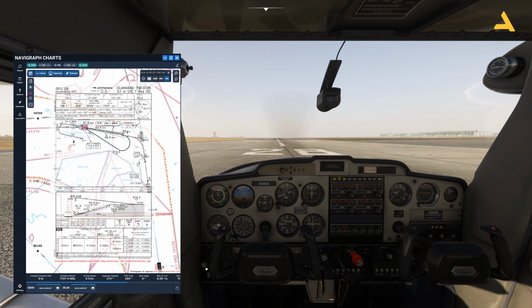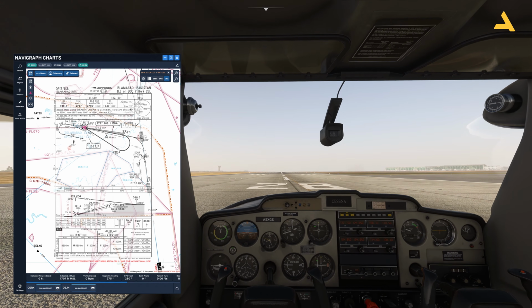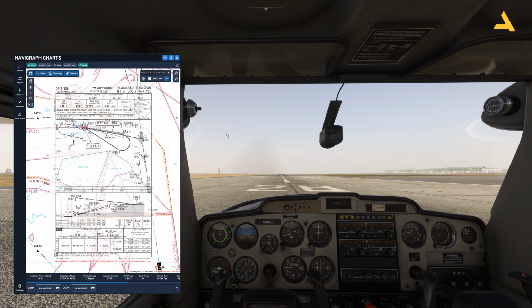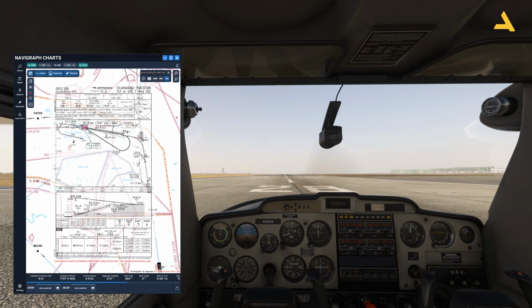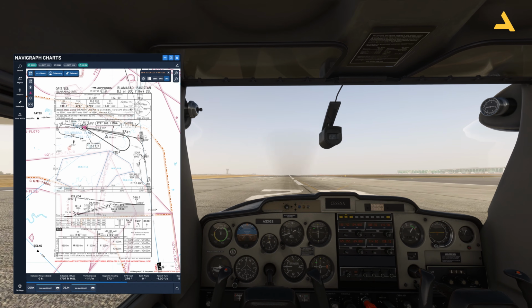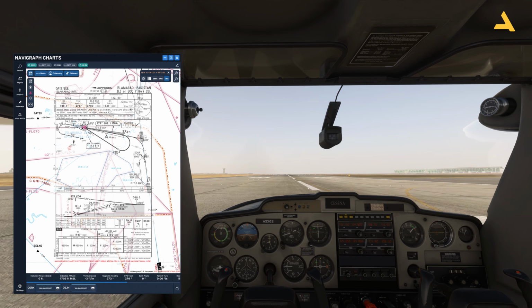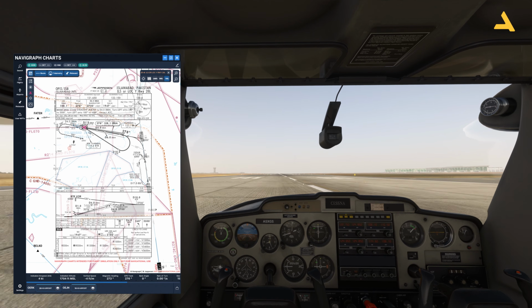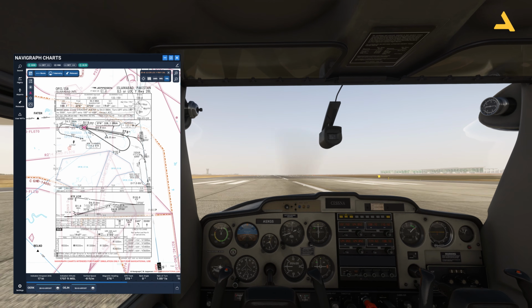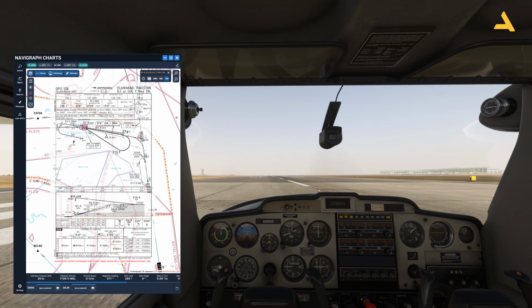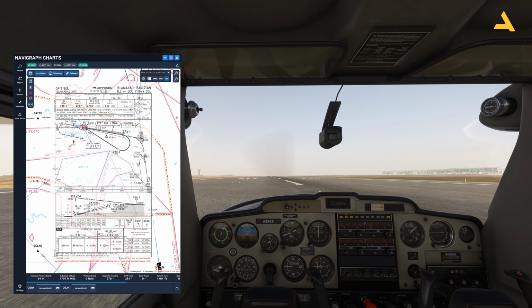So let's release the parking brakes and let's give some power to the plane. And let's take it up in the air. I'm just trying to keep this on the center line.